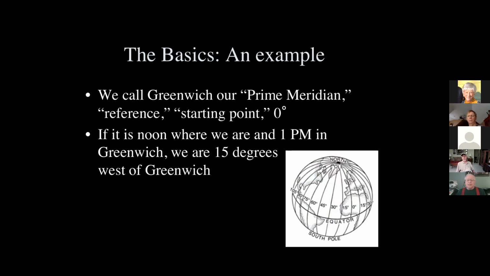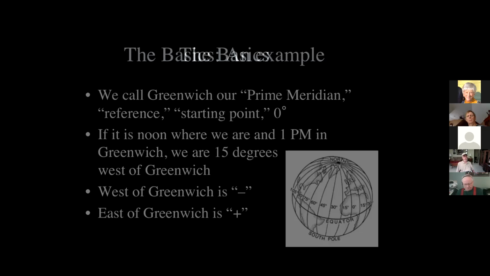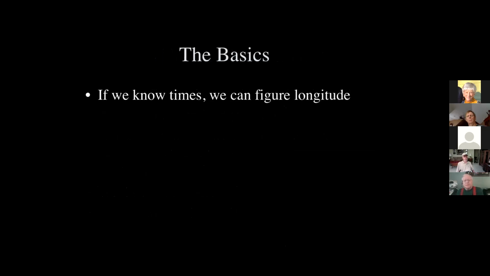So as it happens, if it is noon where we are and 1 p.m. in Greenwich, we are 15 degrees west of Greenwich. So we use the convention that west of Greenwich is minus and east of Greenwich is plus. So if we know the time at Greenwich and the time where we are, we can figure out the longitude.